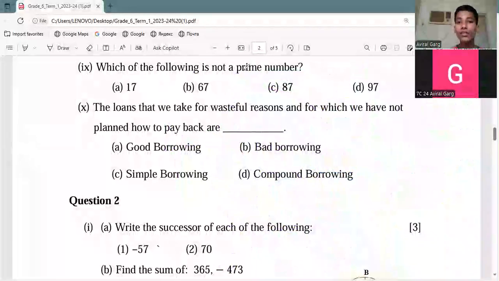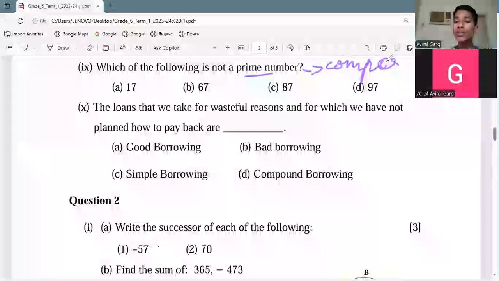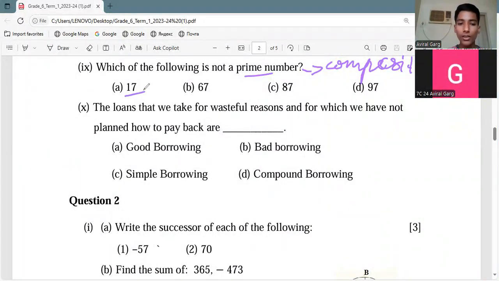Clear? So not a prime number means they are asking us for a composite number. Which of them is a composite number? 17, no, 17 is divisible by only 17 and 1. 67 is divisible by only 67 and 1. Now 87, look carefully.